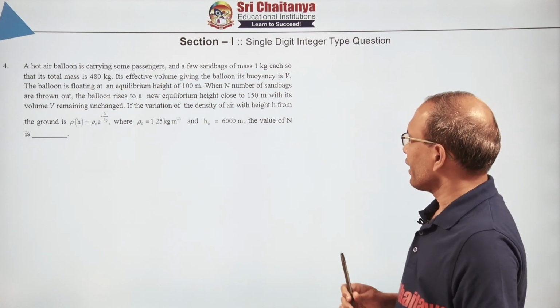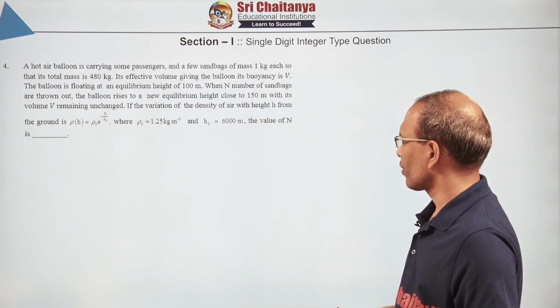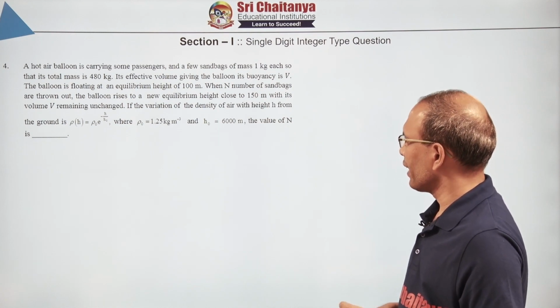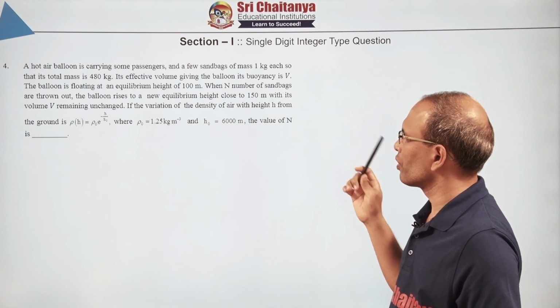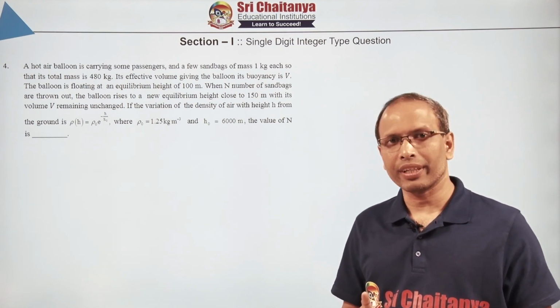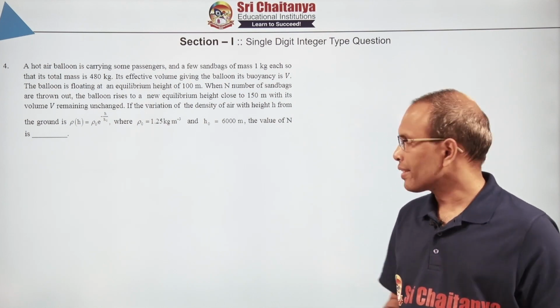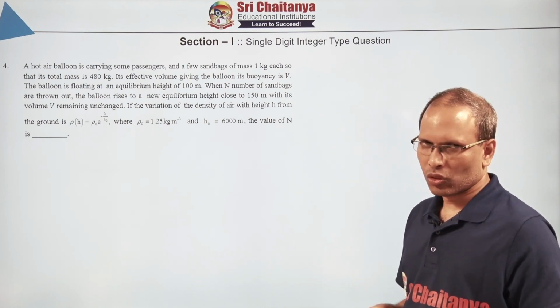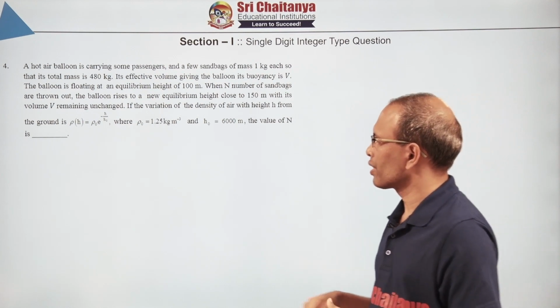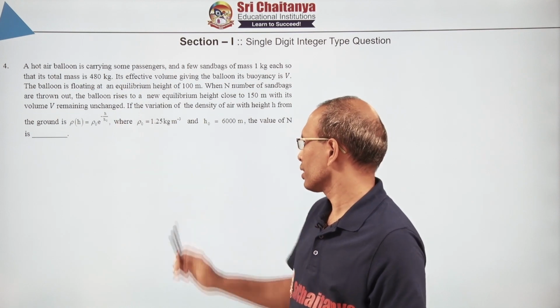So at height 100 meters, it is in equilibrium and it is carrying 480 kg. And now when you throw out some bags, it comes to equilibrium at a height of 150 meters. Why is this happening? Because the pressure varies with density, and the density is varying with height here. So he gave approximately the variation of density as rho equal to rho naught into e power minus h by h naught.